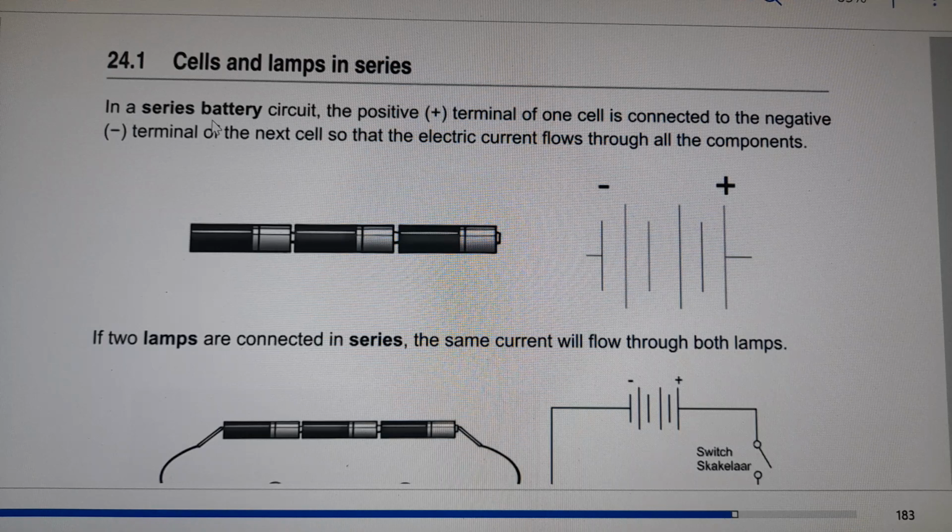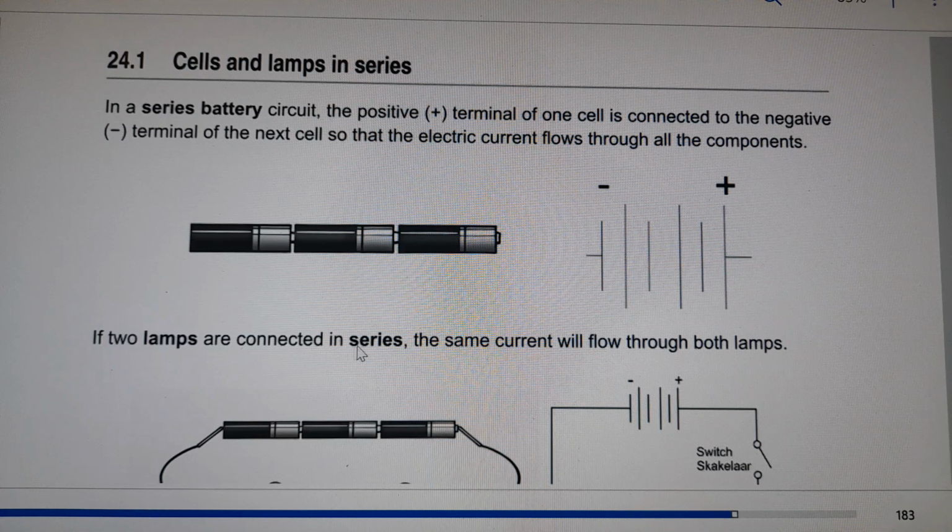In a series battery circuit, the positive terminal of one cell is connected to the negative terminal of the next cell, so that the electric current flows through all the components. So this is the positive terminal, this is the negative terminal, but this negative terminal is connected to the positive terminal of the next cell.